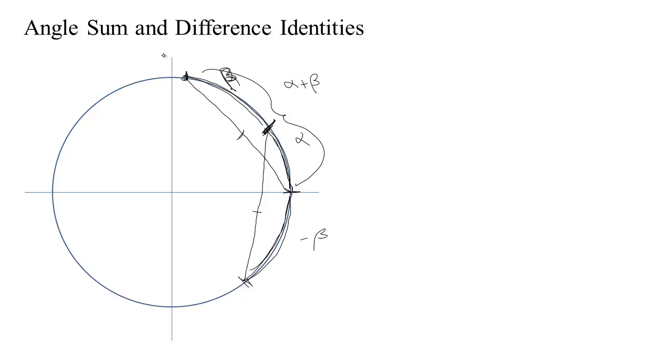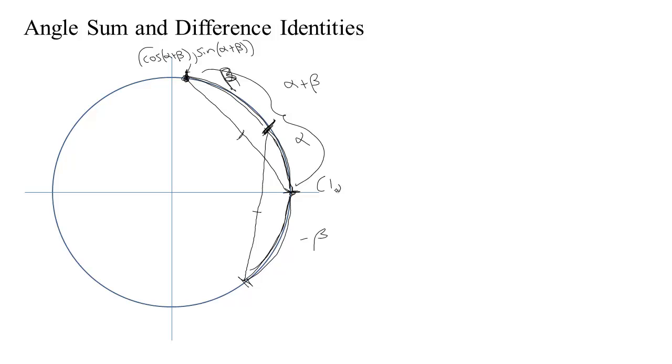So the coordinates of this point involve alpha plus beta, because the horizontal component would be the cosine of alpha plus beta, and the vertical component would be the sine of alpha plus beta. So that's this location right here.